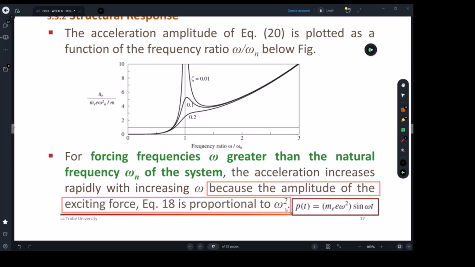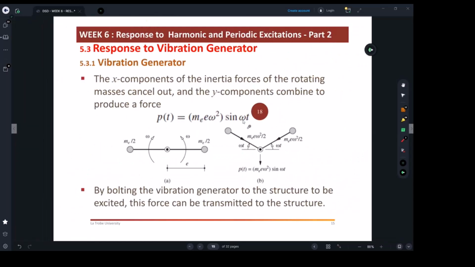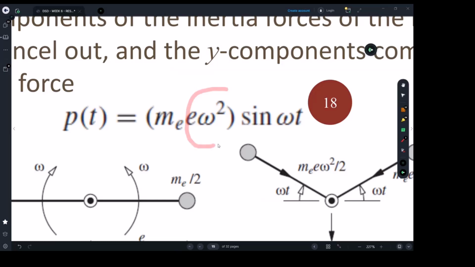If you want to observe the math behind this, it's all coming from this equation here, the one that we were talking about. You can see the omega is raised to a square, so it's very sensitive to omega, which is the forcing frequency in this case.